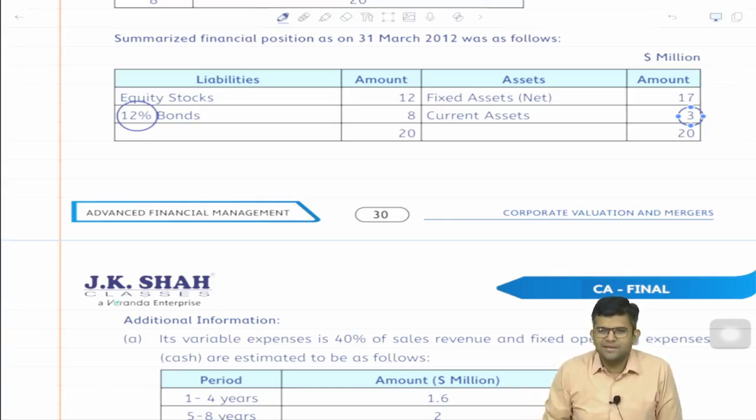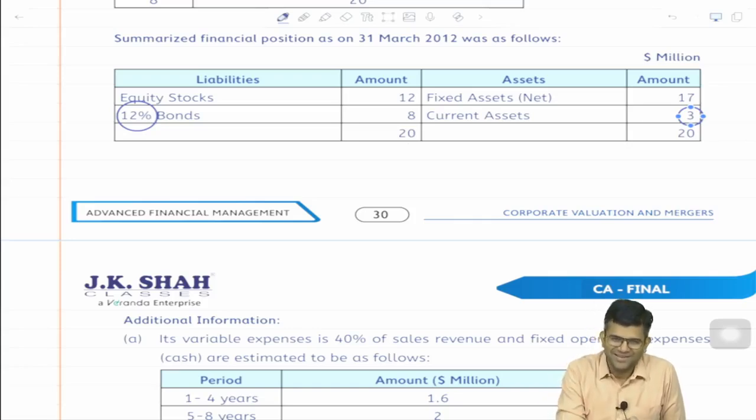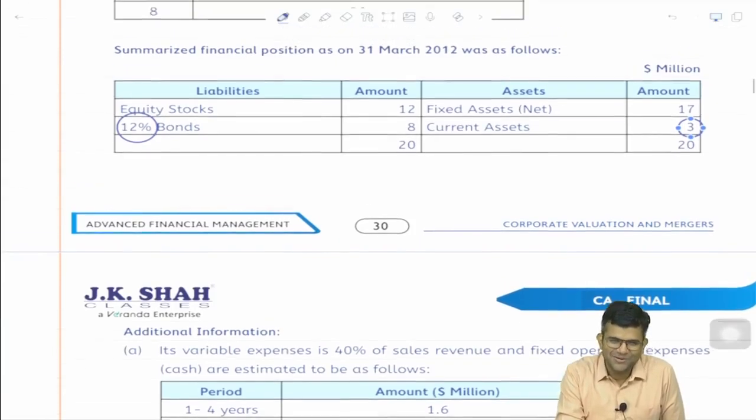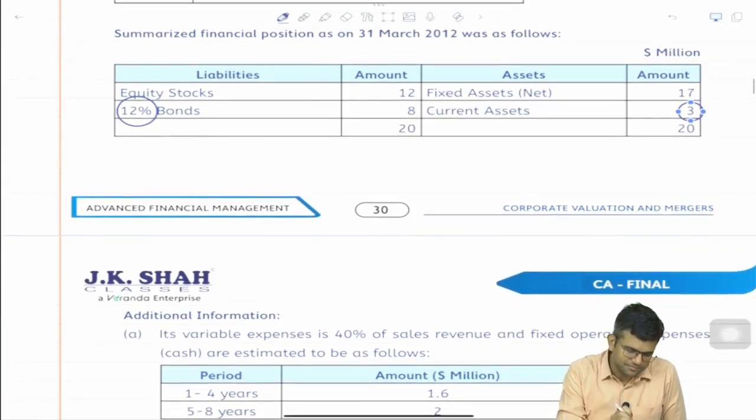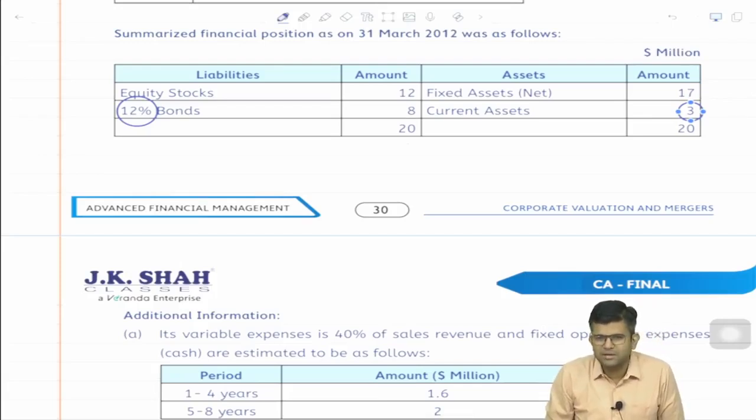We will crack articleship jokes more later on. Okay. So now, you people are having 3 years or 2 years article? Okay, some are having 3, some are having 2.